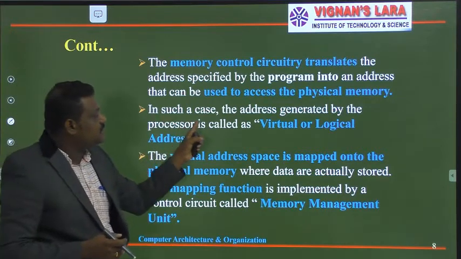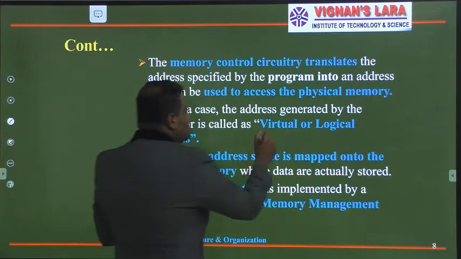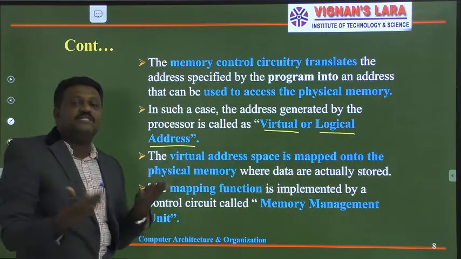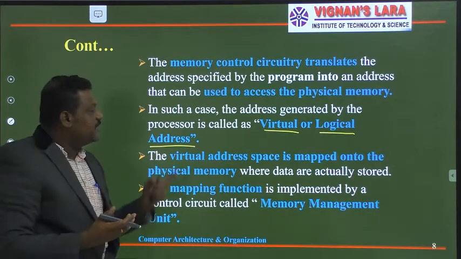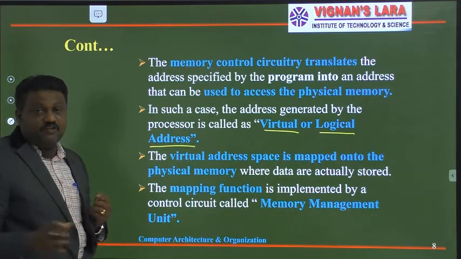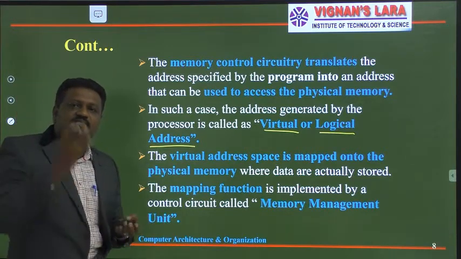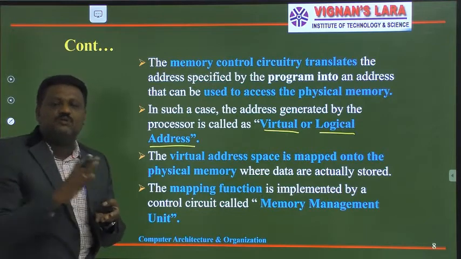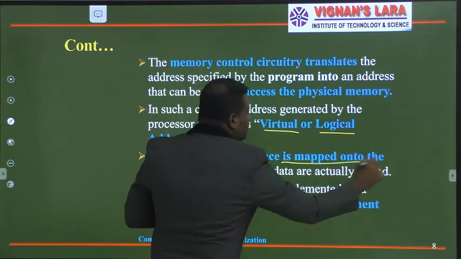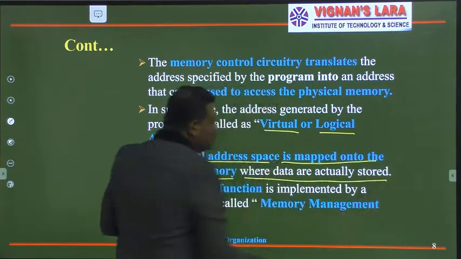In such a case, the address generated by a processor is called a virtual address, or a logical address. That means the program assigned address for different locations is called a virtual address or logical address. But your memory has an address that is called a physical address. So here our task is to convert a virtual address into a physical address. The virtual address space is mapped onto the physical memory where data are actually stored.